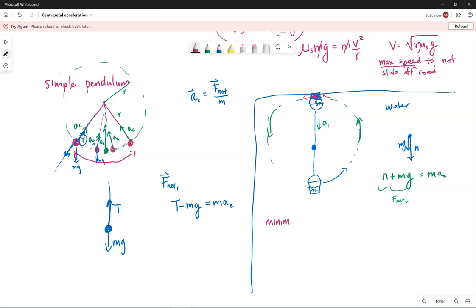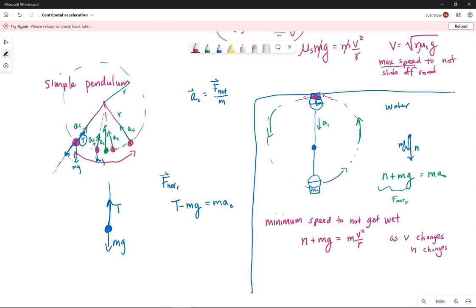If we wanted to look at something like that, we could relate our forces to the centripetal acceleration written in terms of v squared over r. As v changes, as the speed changes, it's the normal force that's changing.